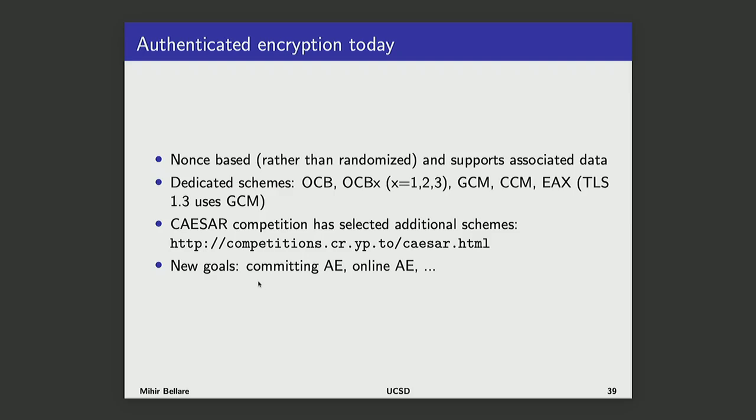People started realizing there's this additional thing you need called committing security, and they started building schemes meeting that. They started searching for new kinds of efficiency properties and so forth. And all this is still ongoing. If you go to crypto conferences, you see papers with all this type of stuff.